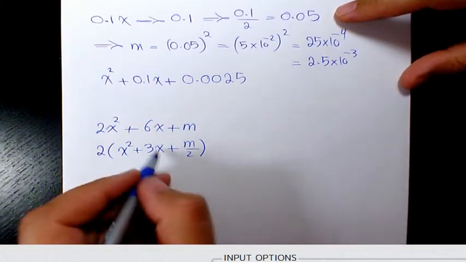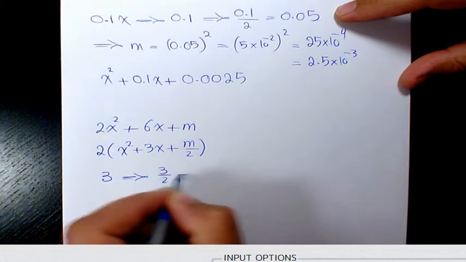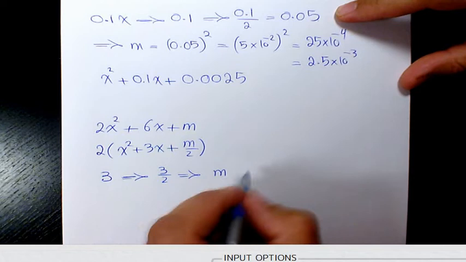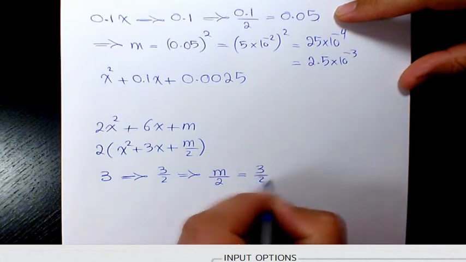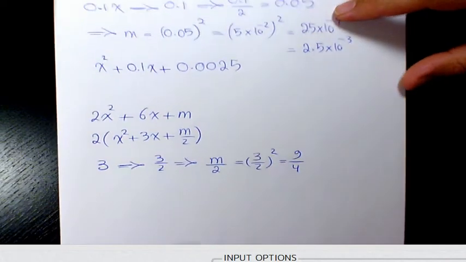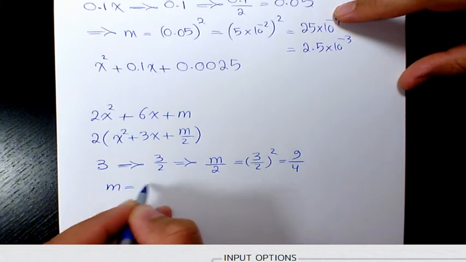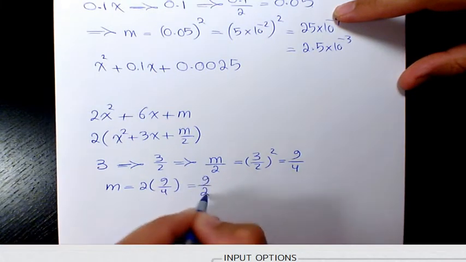Then we have 3 divided by 2, therefore m over 2 will be 3 over 2 squared, which is going to be 9 over 4. So m will be 2 times 9 over 4, which will be 9 over 2.